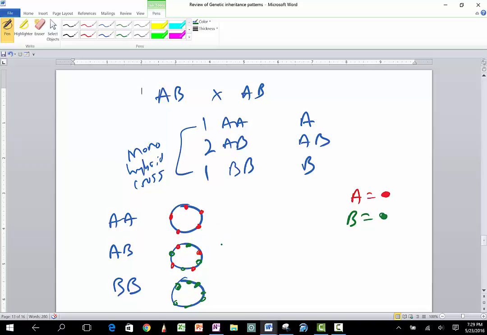The fact that this guy shows both phenotypes, so it's not intermediate between two phenotypes. It's not whatever color is intermediate between green and red. What's that, purple maybe? No, I don't know. I'm terrible with colors. So it shows both green and red, so it's codominance.